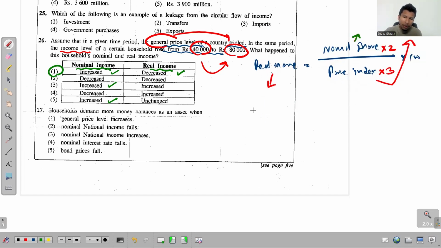So let me show you how to calculate this real income for both these periods. Let's say that this is the first period and this is the second period. In period 1, the general price level, let's assume that to be 100. So let's calculate real income. The nominal income of the person is rupees 40,000 and the price level is 100.